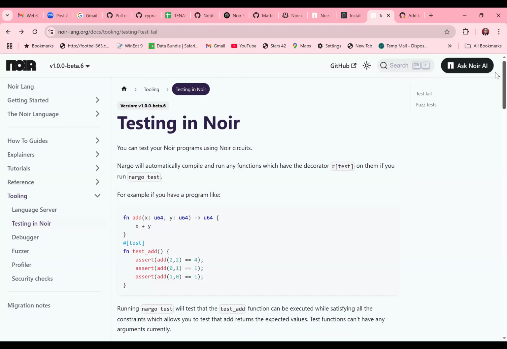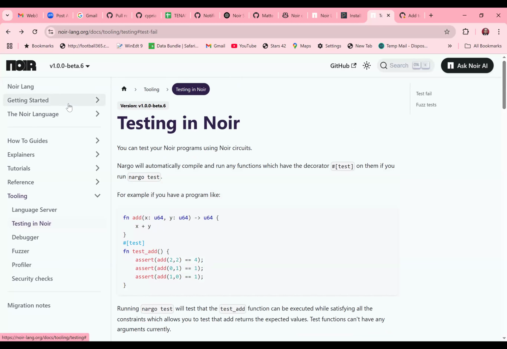This is it, just to show you how we write tests in Noir. And that is how you write them, even when using a Merkle proof. So, testing in Noir: this is just documentation from Noir.